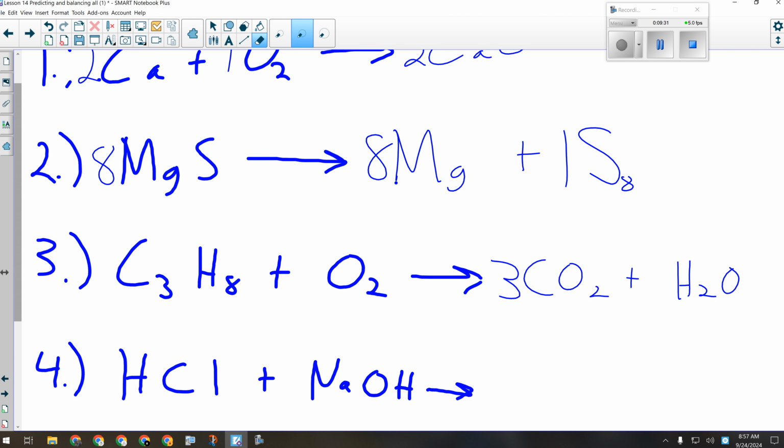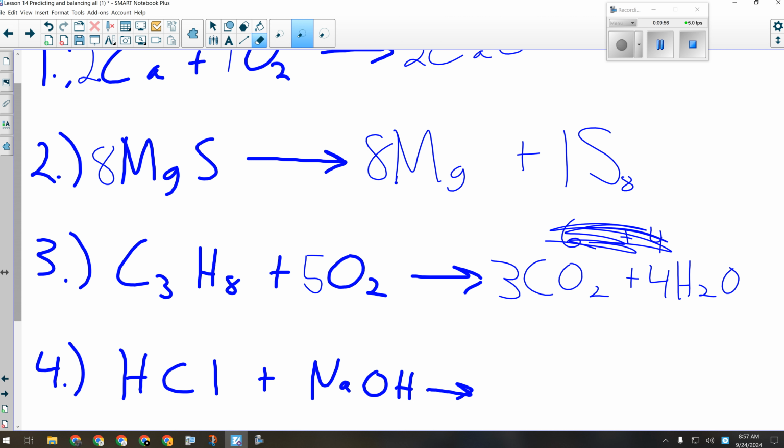And I have 8 hydrogens. So what goes here? I have 4 oxygens there, and how many here? 6. Okay, 6 plus 4 is? Okay, what goes here? 5. Okay, how many times have we done the reaction with propane? That's got to be like the 5th or 6th time we've done that particular reaction with propane.